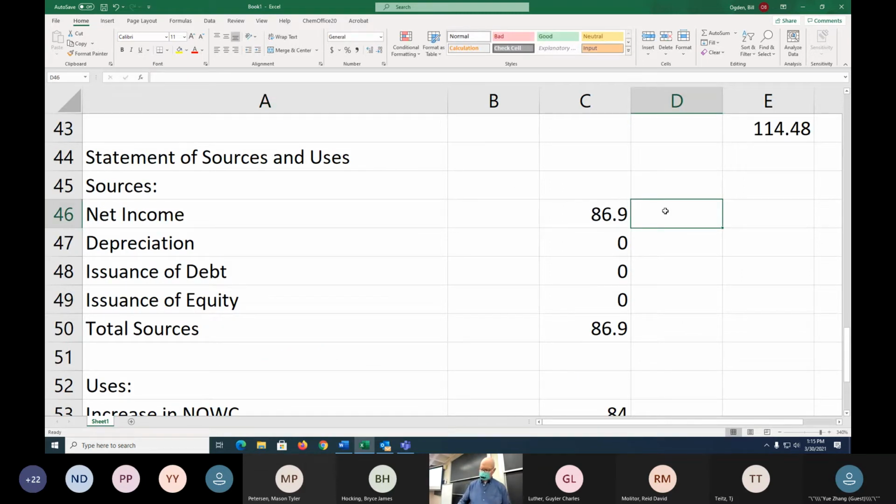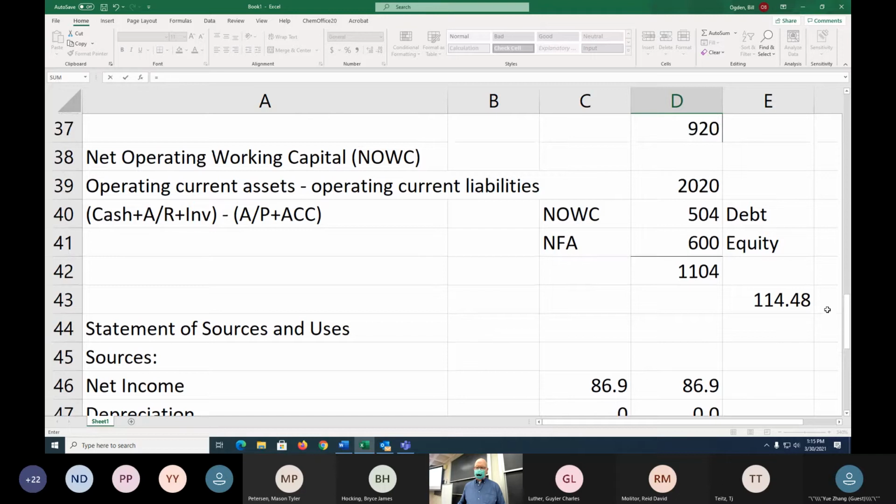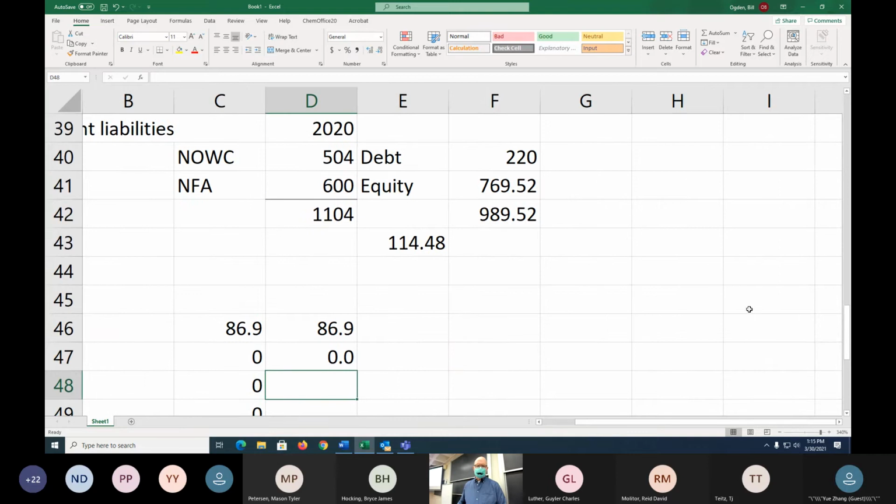All right, now let's do the next pass. So the next pass, our net income will not change. And our depreciation stays the same. However, issuance of debt equals. And actually, you know what? Before we do that, let's fix this thing, can we? So let's restate our debt and equity.